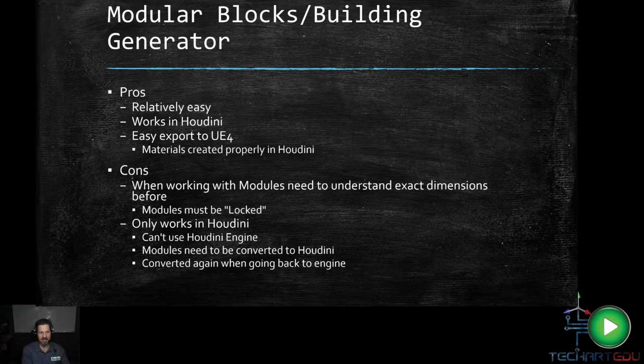And then again, you have to convert everything back over to your game engine format in order to get the final product. Now what you're doing is translating your modules to Houdini and then translating your end product back to the game engine. Now that can be kind of a cumbersome workflow. Not impossible, especially for the resourceful artist, but kind of cumbersome. And so I listed that as a con.